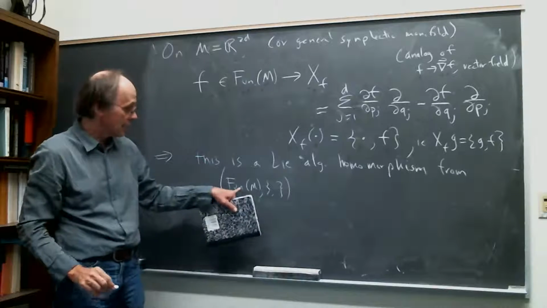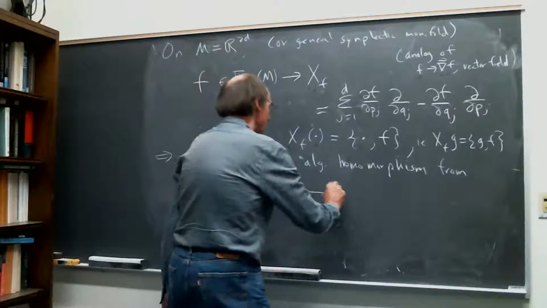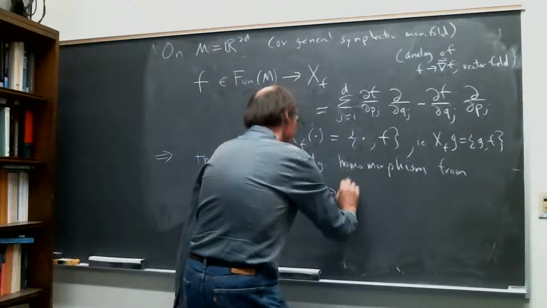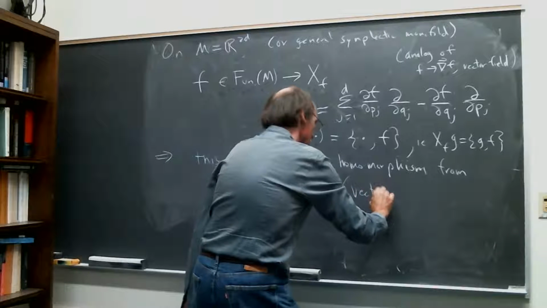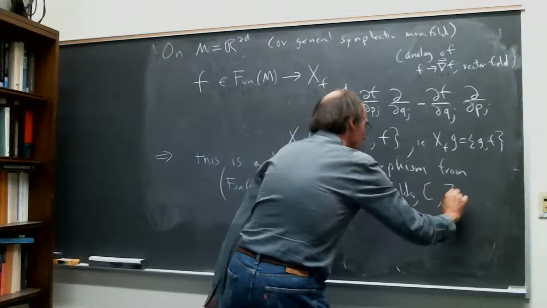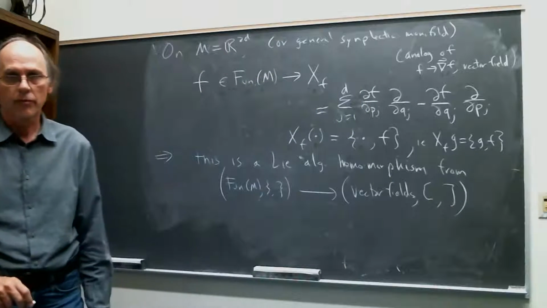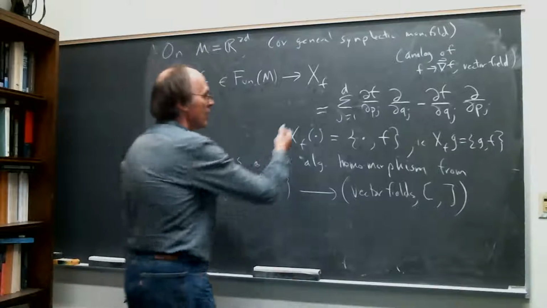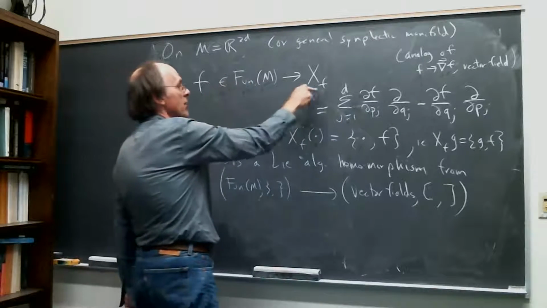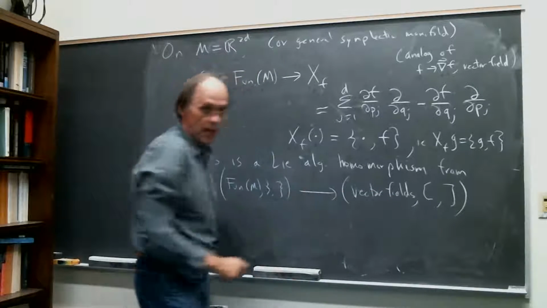So this is an infinite-dimensional Lie algebra, functions on M with a Poisson bracket, and then this map here goes to vector fields, with the so-called Lie bracket, the commutator of vector fields. So you can check these are both Lie algebras. You've got a map from one Lie algebra to another Lie algebra, and you can check that the brackets are preserved.